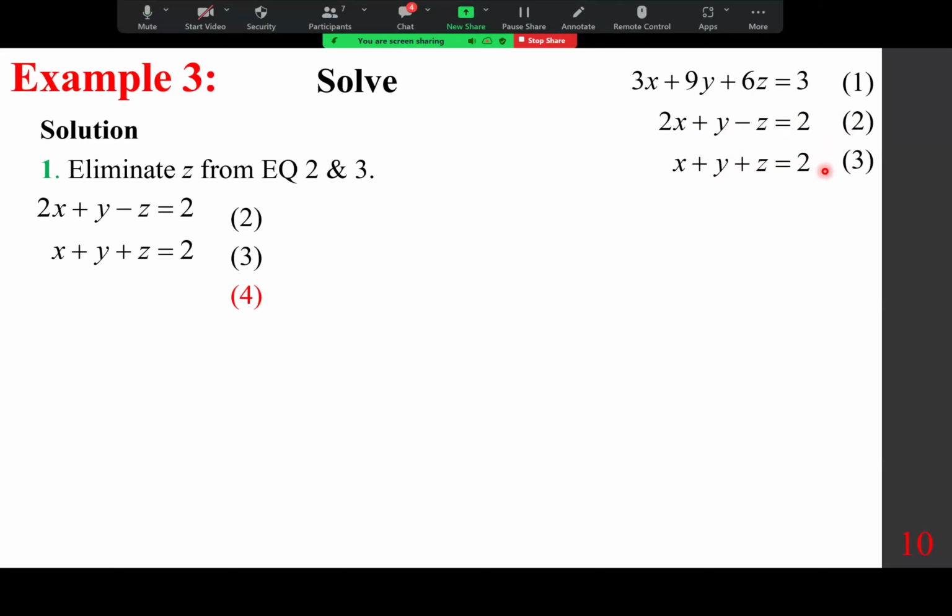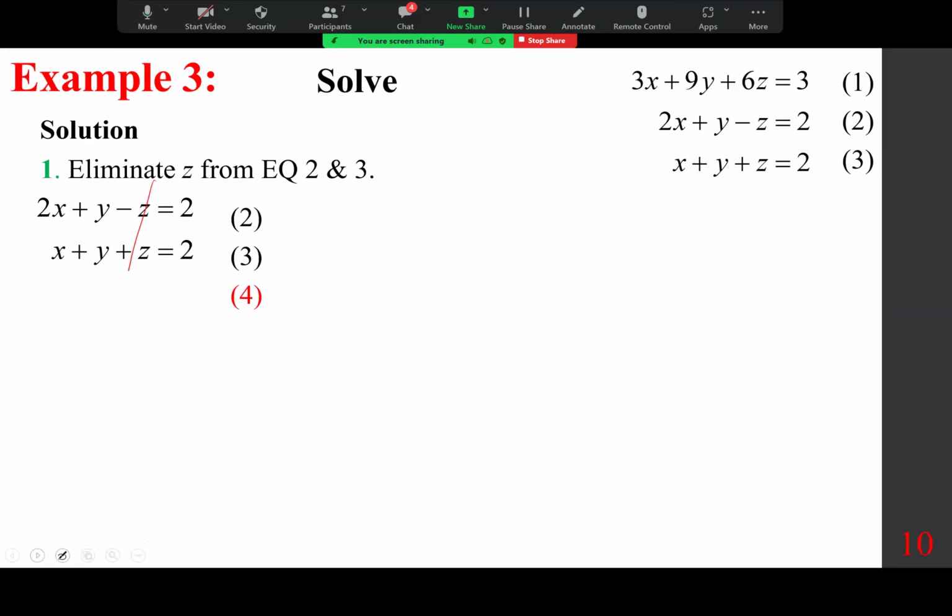So we're going to combine the second one with the third one. When we add them up, these two cancel each other.